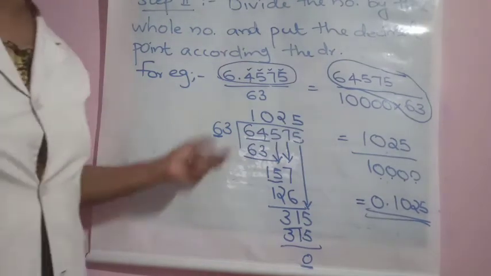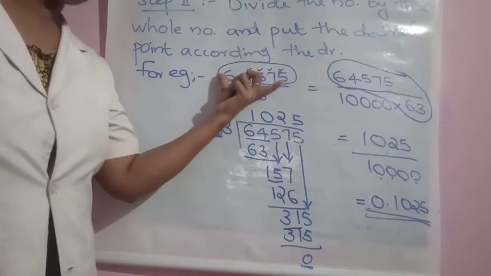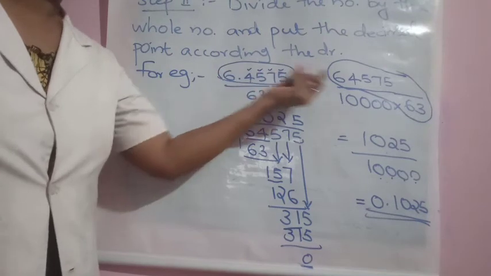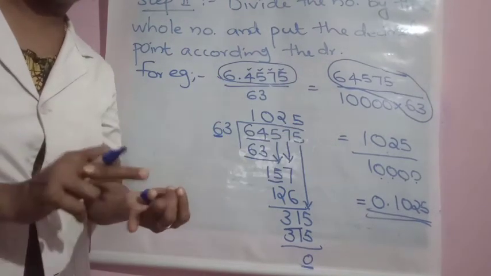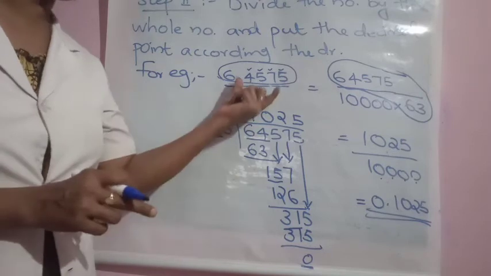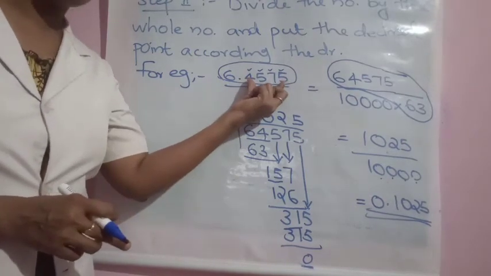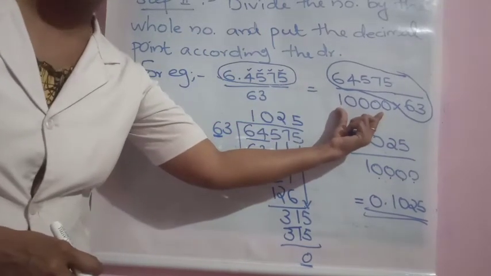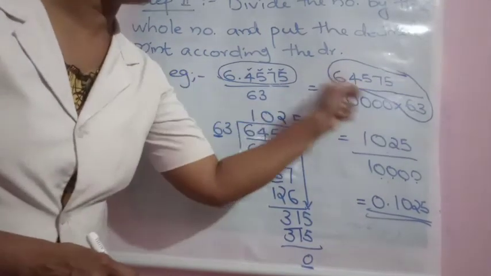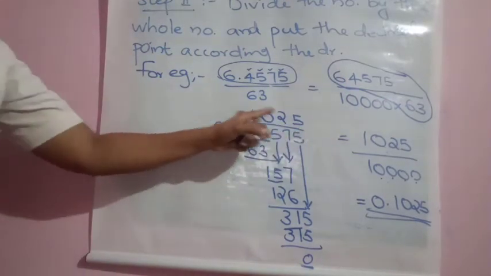What you have to do is look at the number and write it in the form of a fraction, with denominators 10, 100, 10,000, etc., according to the number of decimal places. Since it has 4 decimal places, the teacher wrote the denominator as 10,000. Then the teacher divided the remaining numbers and we got the answer as 1025.